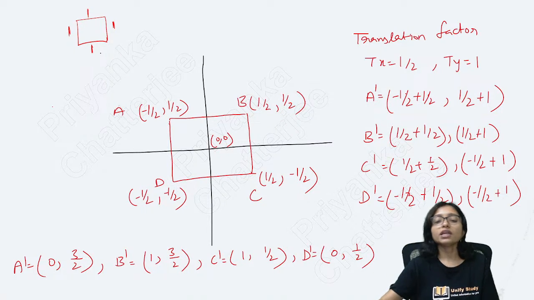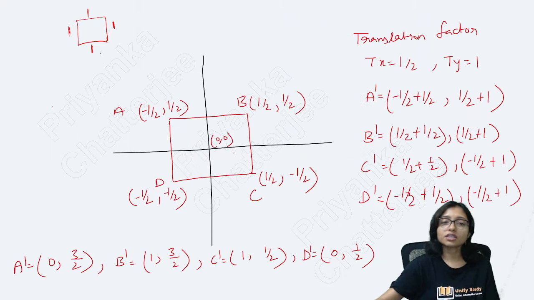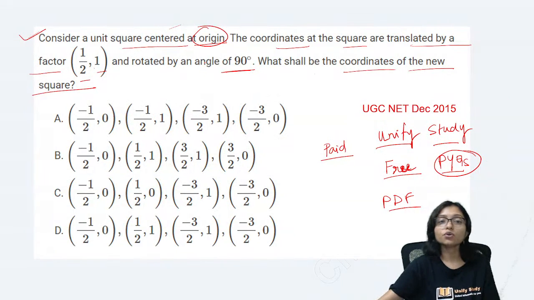So whenever it is a unit square at the origin, then definitely this part is half, this part is also half, this is also half, this is also half. So that's how I will get my points. These are the points you will get, because the question provides that this is a unit square.